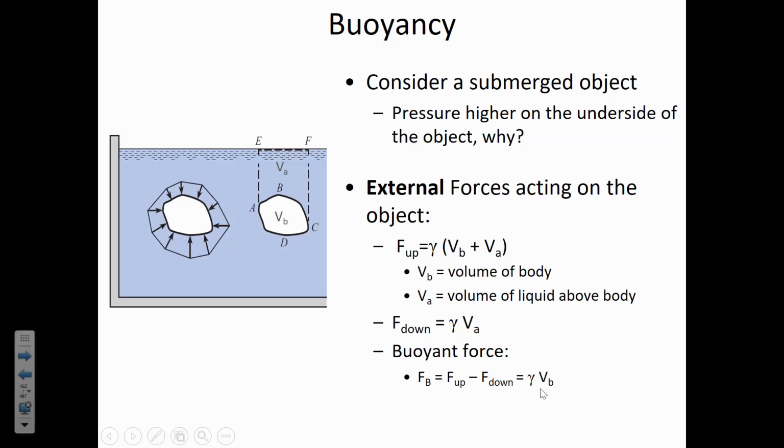But the gamma that we're talking about here for the buoyant force doesn't depend on what it's made out of. Whether this is made out of plastic or rock, the buoyant forces are only related to how much water gets pushed out of the way, whatever the fluid is, in this case water. So what determines if it floats or if it sinks? It's the buoyant force compared to the weight.